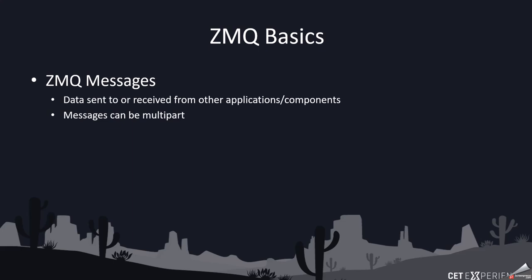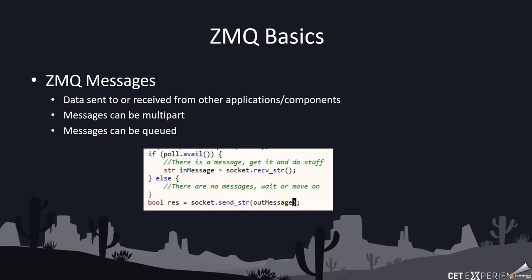So you could send 1, 2, 3, 4, however many messages you want, and then your final message would have an end on it. Messages can queue up, so what that means is you could send a few of them, and they didn't actually go out because your client isn't listening yet. Once it fires up, then they'll go out the door.